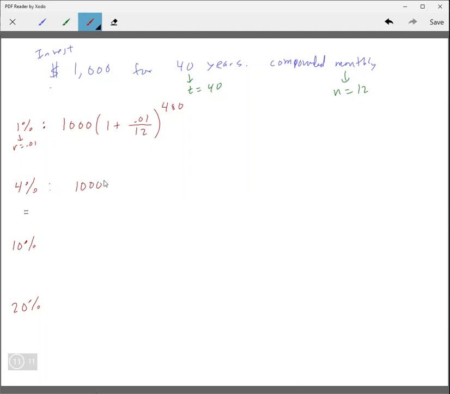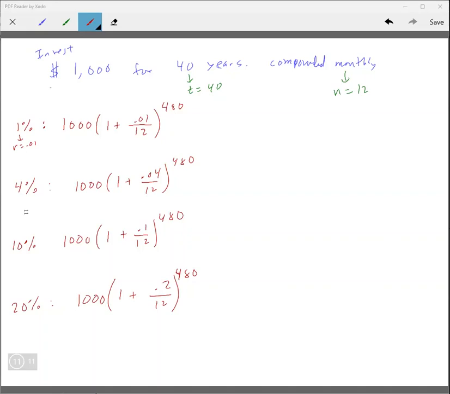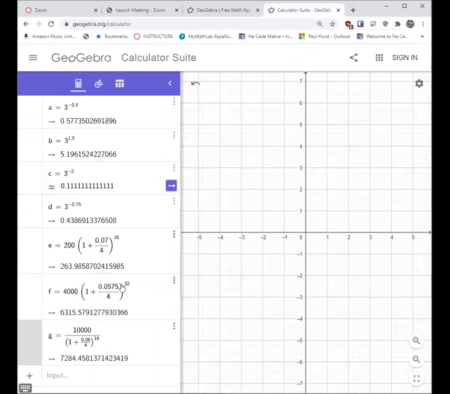So this will be 1 plus 0.04 over 12, all raised to the 480. Here you're going to get 1 plus 0.1 over 12 raised to the 480. And here you're going to get 1 plus 0.2 over 12 to the 480. So that's the only difference. Now we'll go to GeoGebra to figure this out. Okay, so here's the first one.